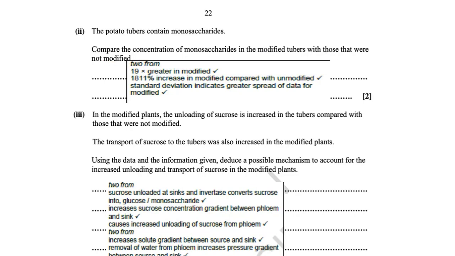Compare means you must do a calculation and express it: you would say that it was 19 times greater in the modified than in the unmodified, or you could have worked out a percentage increase between the modified and the unmodified, and also you should have referred to the standard deviation in the concentration of glucose.